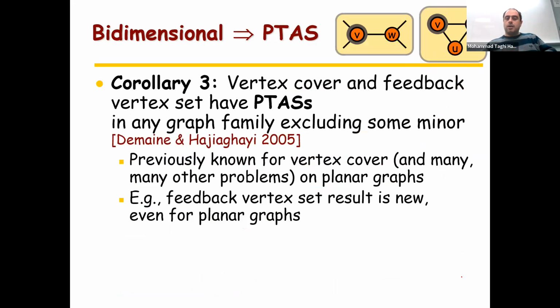Good. As a corollary of this, for vertex cover and feedback vertex set, we have PTASs in any graph excluding some minor. Previously this was known for vertex cover only for special graphs, not for general graphs.